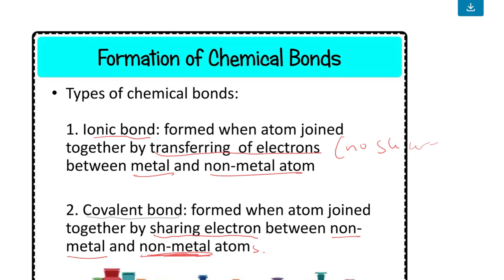One guy loses and one guy gains electrons. There's no sharing of electrons. They're transferred. For ionic bonds, again, ionic bonds are between metals and nonmetals, whereas covalent bonds are between nonmetals and nonmetals.